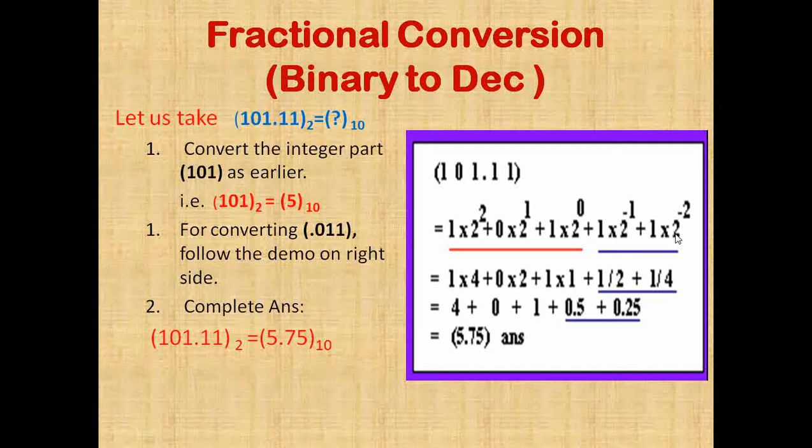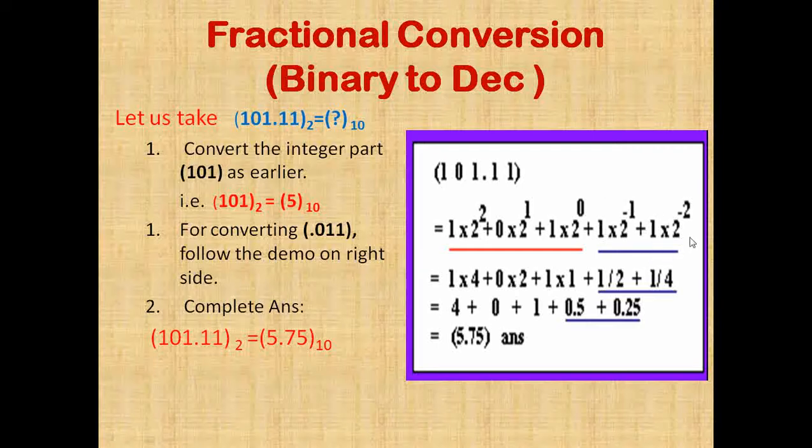Now we will divide this expression into two parts. One is before the decimal point, where we have 3 digits. We will mark this, and the second part is 1 and 1.